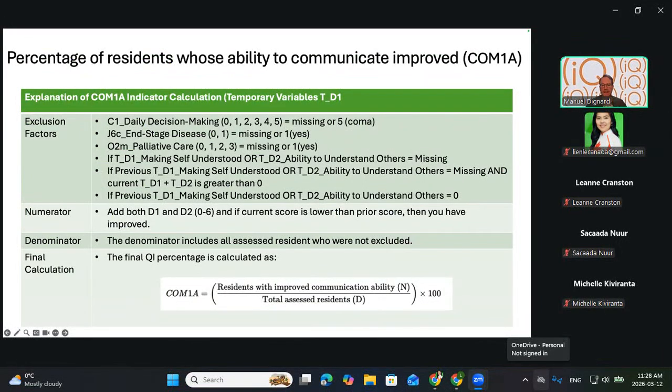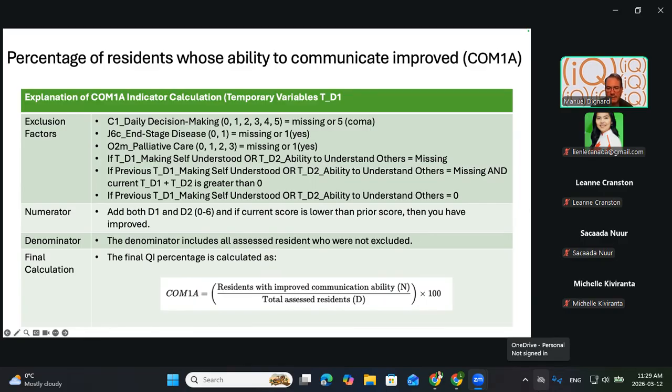So it tracks improvements in residents' communication abilities, okay? Specifically, their ability to make themselves understood and to understand others. Key markers, right, of resident engagement and quality of life.